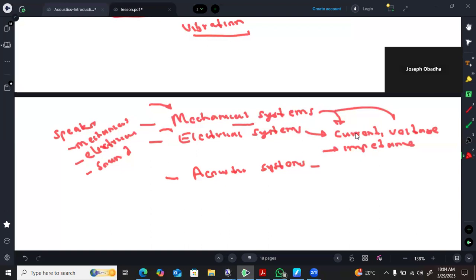What is the analogy of current in a mechanical system? What is the analogy of current in an acoustic system? What is the analogy of voltage and impedance? Because if we do that, then we'll be able to analyze all the systems, relate them to each other, and understand them in a better way.